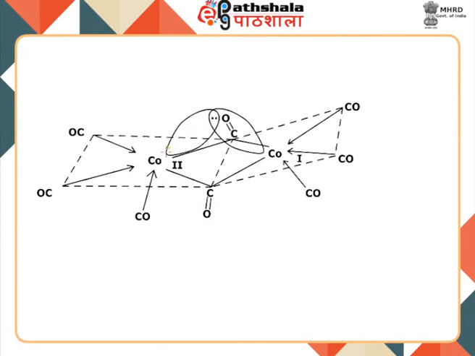As I told you, these are the two orbitals which are overlapping between the two cobalts, and this is the sigma bond formed, and notice that this is a bent bond. Furthermore, we have understood that this is one bridging carbonyl between the two cobalts.